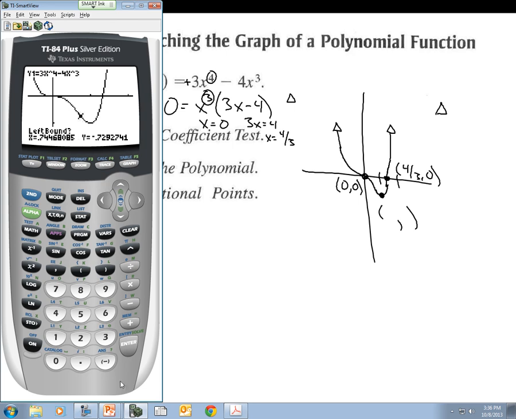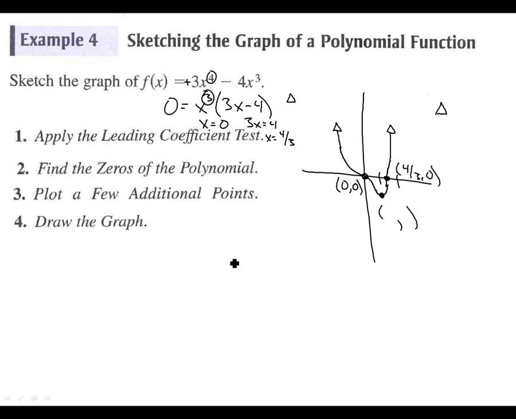Left bound, it's already in a good spot. Hit enter. Let me go to the right of it just a little bit. Hit enter. And then guess, let me think right where I want it to be. Hit enter. And it looks like 1, -1 is our 0. So we'll come back to our graph and label this 1, -1.